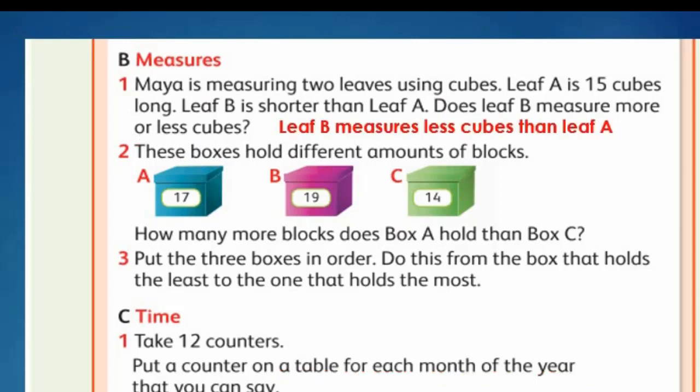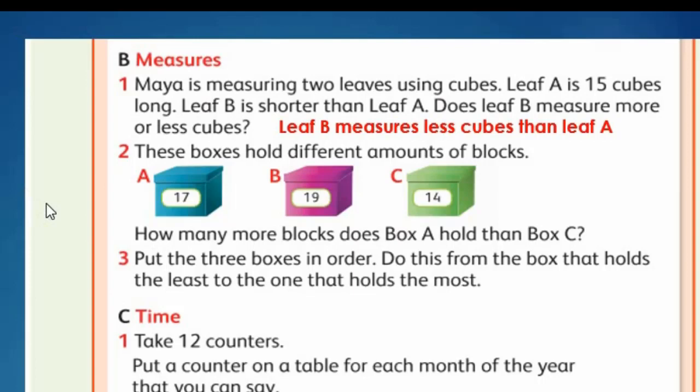The answer is leaf B measures less cubes than leaf A. Why? Because leaf B is shorter than leaf A.